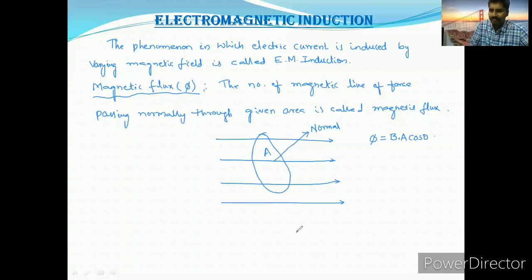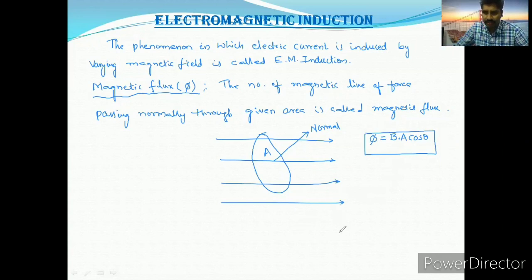I will tell you why we are taking only cos theta. So this is the basic definition of magnetic flux. We can write it in the form phi is equal to BA cos theta.